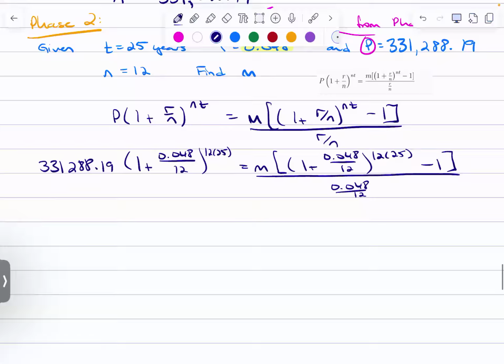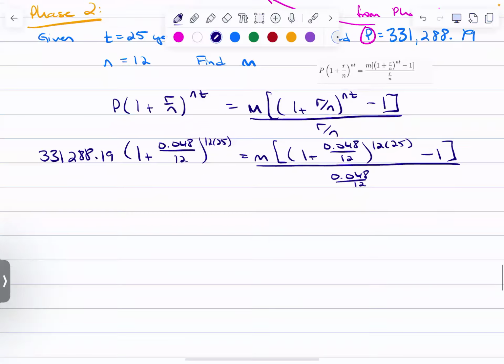I'm going to do plus 1 because it makes it nicer looking on my calculator.